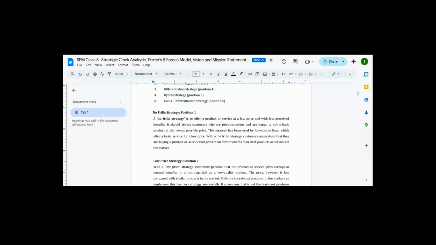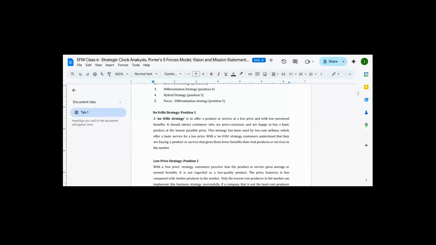Please help me to jot this down, so that it caters for this interpretation that we have here: a no frills strategy occurs when we offer a product or services at a low price and with low perceived benefit.